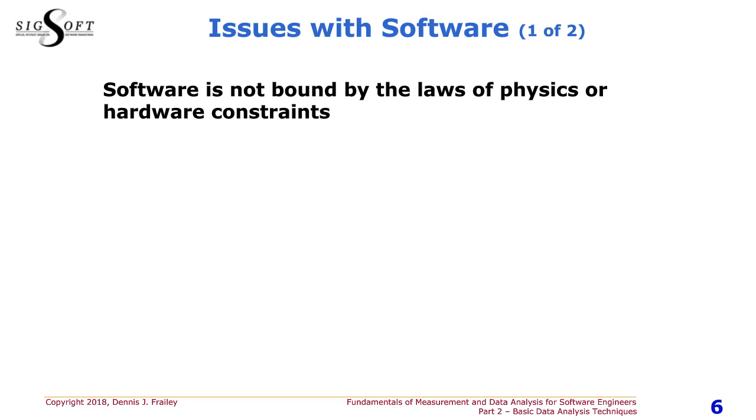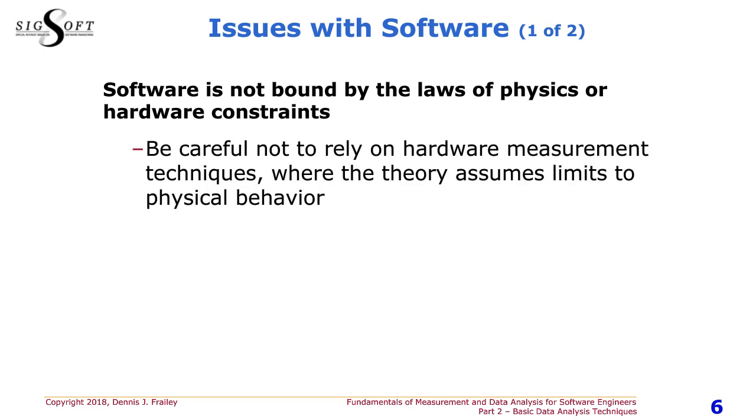For example, with hardware, you can calculate the amount of energy going into the device and then maximize how hot it can get. You can't do that sort of thing with software. And therefore, one of the things I encountered a lot in industry is hardware measurement techniques that didn't apply to software simply because the hardware techniques were based on the laws of physics.